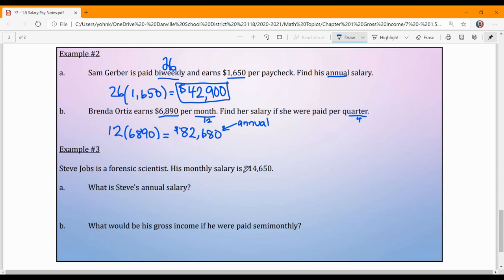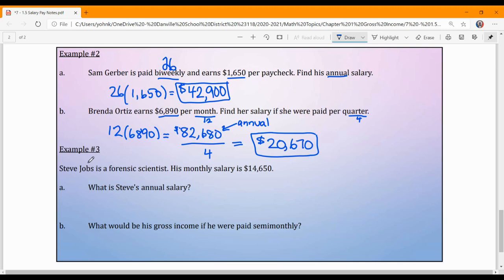Now I can take that and divide by 4 for 4 payments in quarterly, and that's going to give me $20,670. Okay? So if it gives you one type of paycheck and wants you to find a different type of paycheck, you first have to find the annual salary first, and then you can divide and get your final answer.